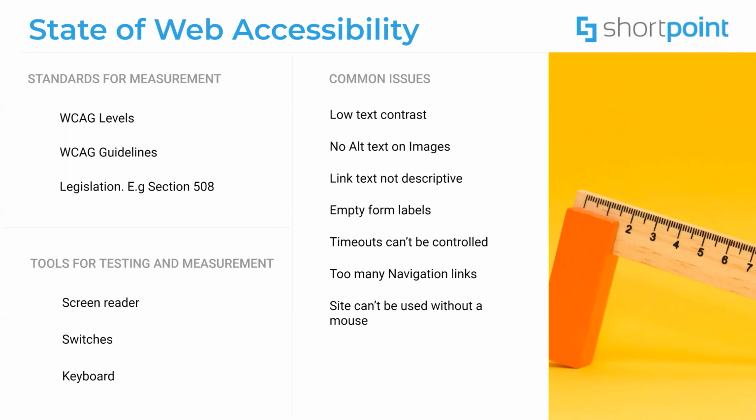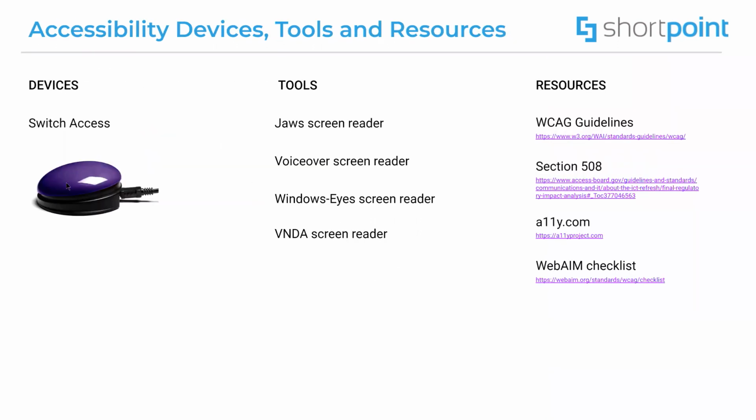And also, we now know what the standards are, and it's important to also know some tools that are useful for measuring and testing. So the three most common tools are the screen reader, the switch, there's something called switch access, which I'm going to show to you. So this is what the switch access is.